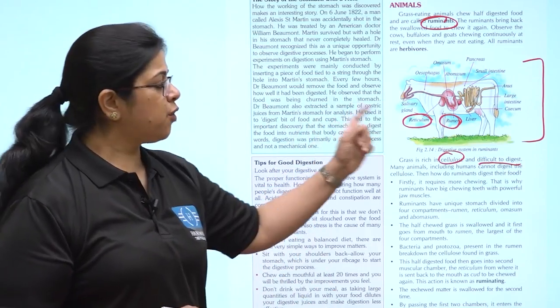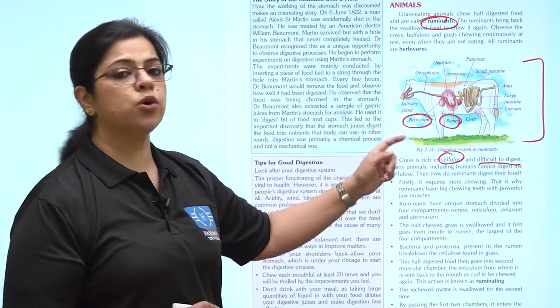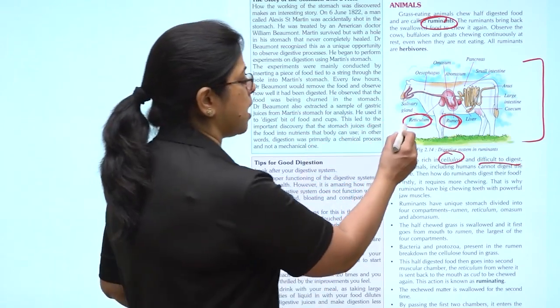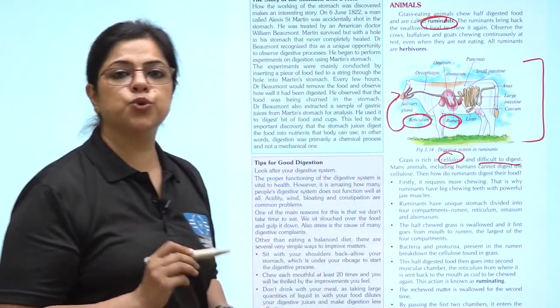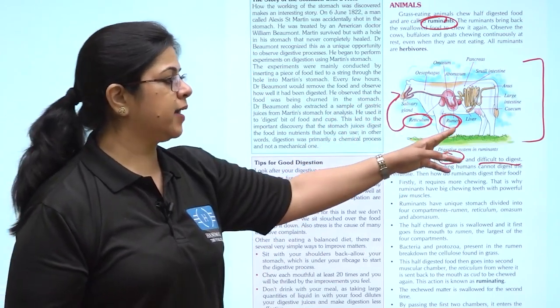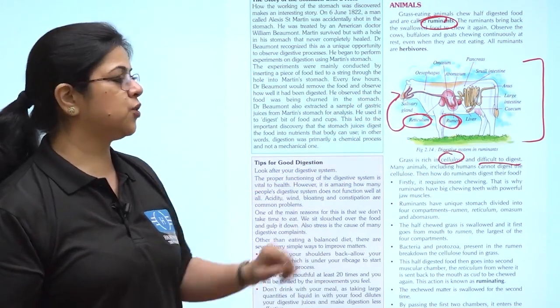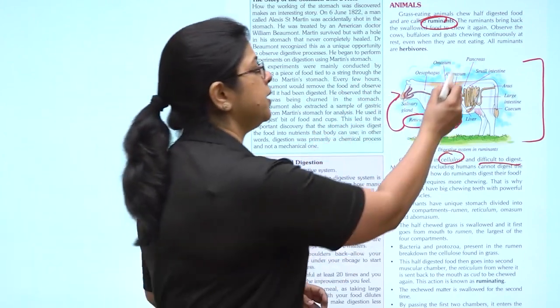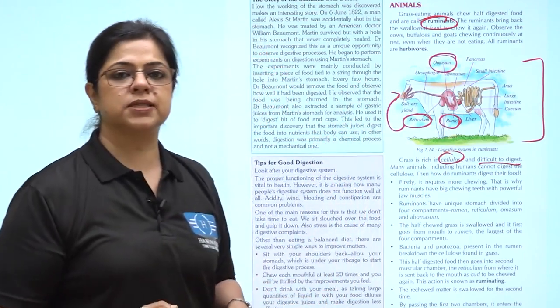broken down. From the reticulum, this broken food comes back to the mouth for chewing a second time. Hereafter, the food goes back again into the rumen, to the reticulum, to the third compartment, which is known as omasum.